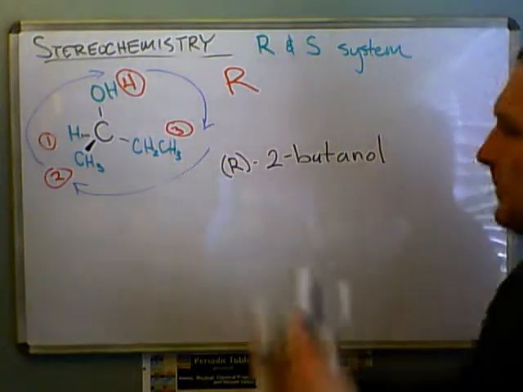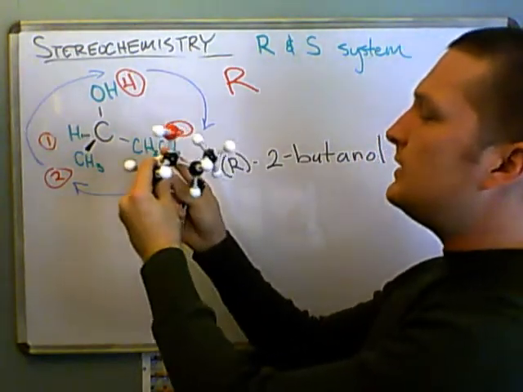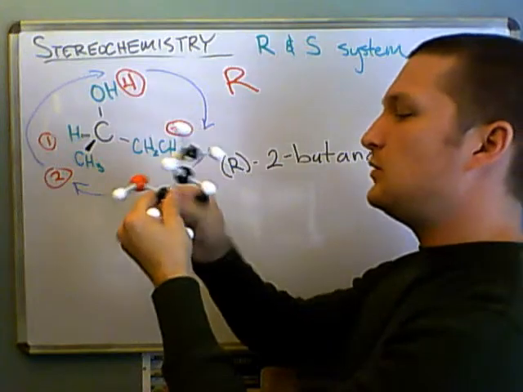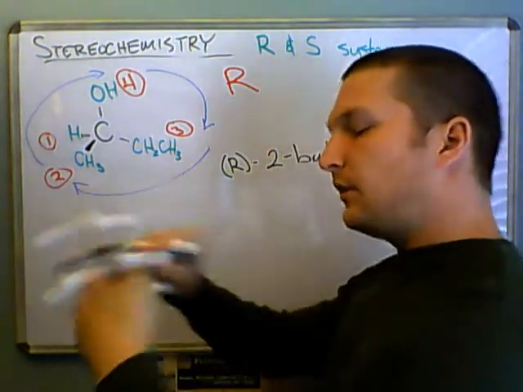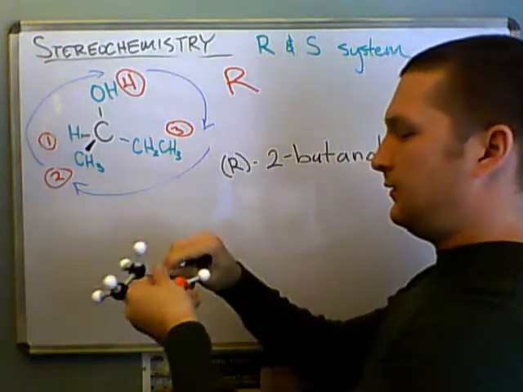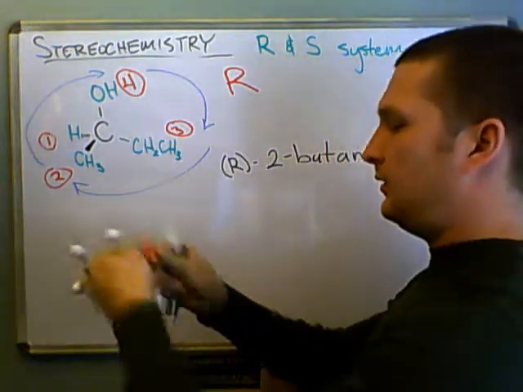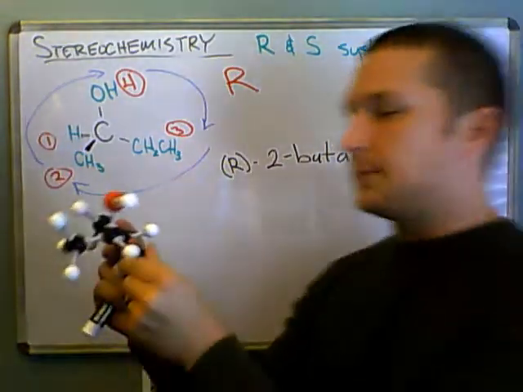Okay. So, just to illustrate now, let's say that I swap 2 of these groups out. I'm just going to relocate 2 of the groups to other places here. Okay, all I did was swap the H with the CH3.